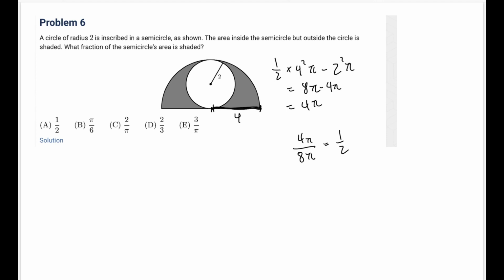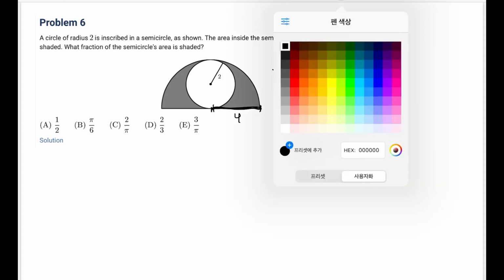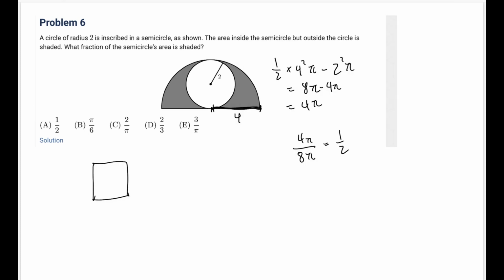But a good tip to know here is that when you've got a square, the area of a circle that is inscribed in the square is equal to the area of the quarter circle with this radius, right?